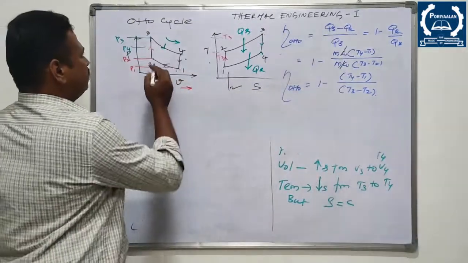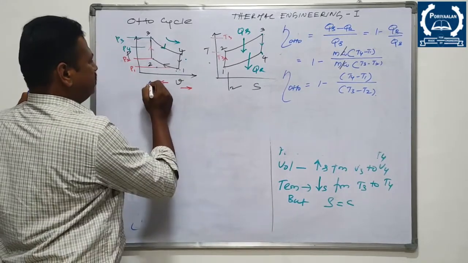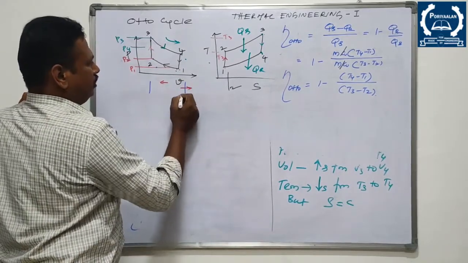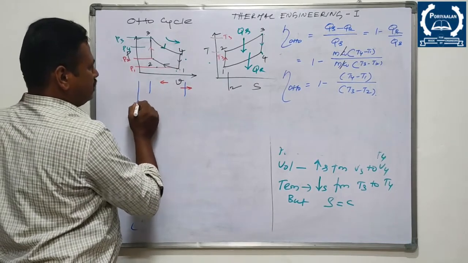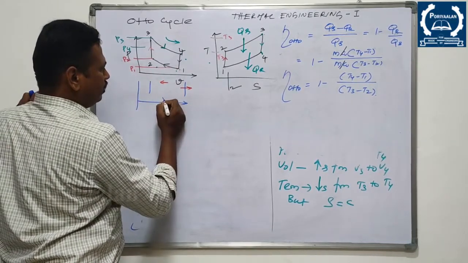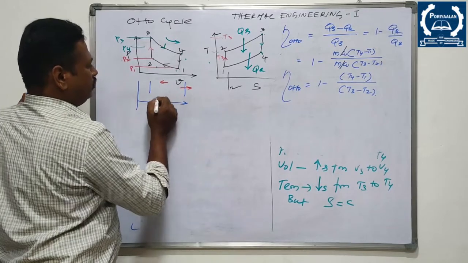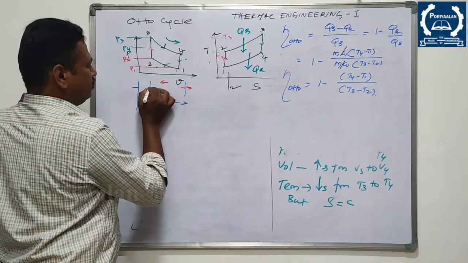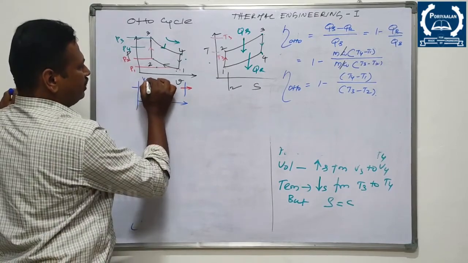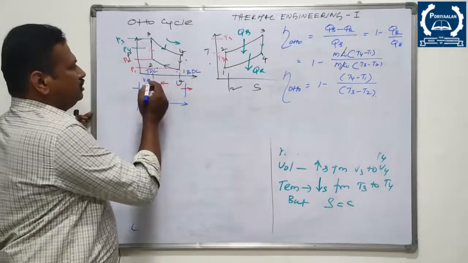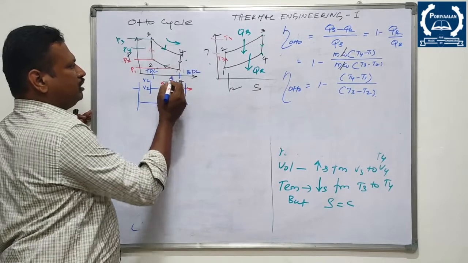With reference to this PV diagram, you can see that this is V1, right? This is your V2. So V2 is nothing but the clearance volume. So this is your top dead center, this is your bottom dead center.